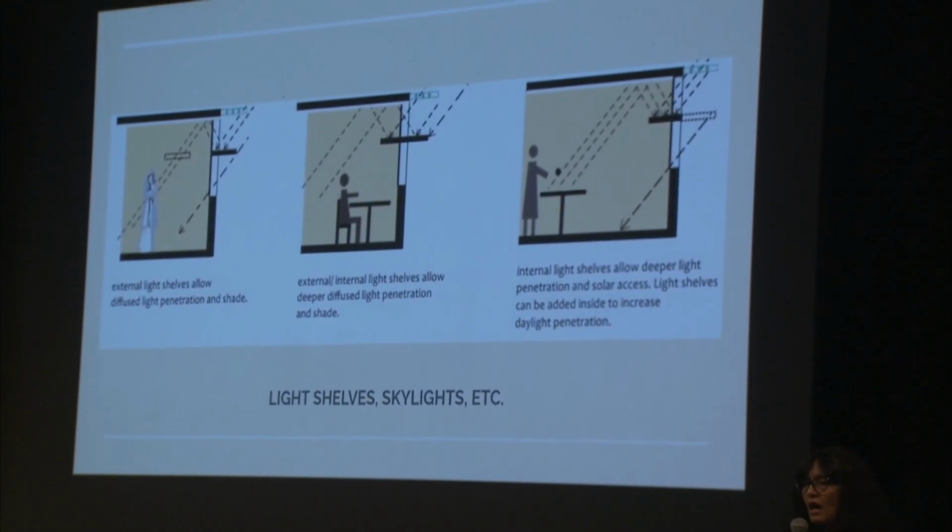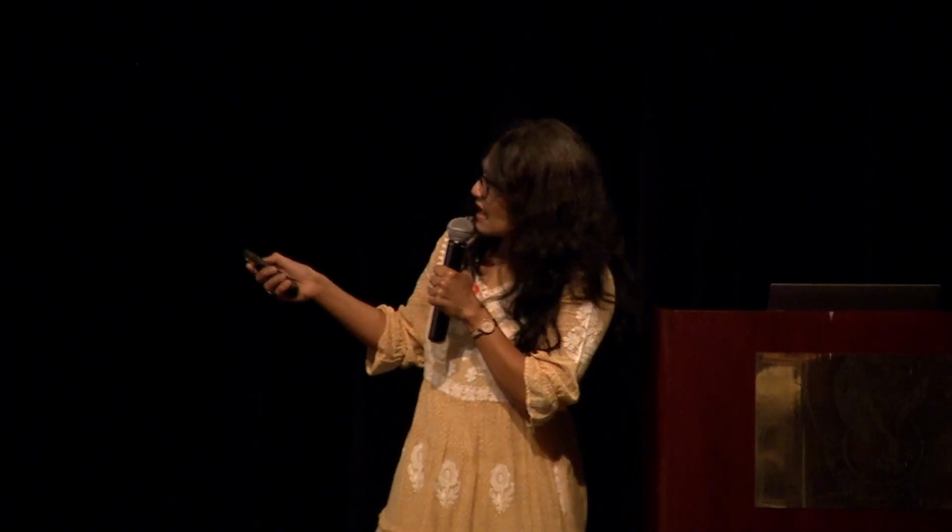Light shelves are highly reflective elements that you can install in windows, and what they do is they catch the sunlight, the rays of the light, and help bounce them deeper into the space. So that means you can push the daylight further and further into your rooms, and you need less and less lighting. So this is yet another way we are looking at ways to save energy.